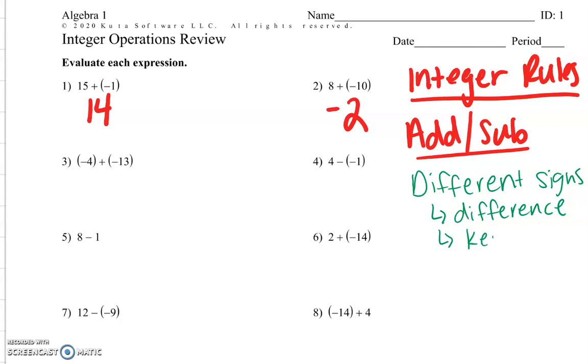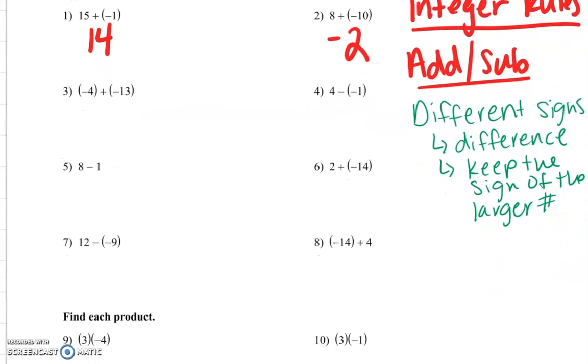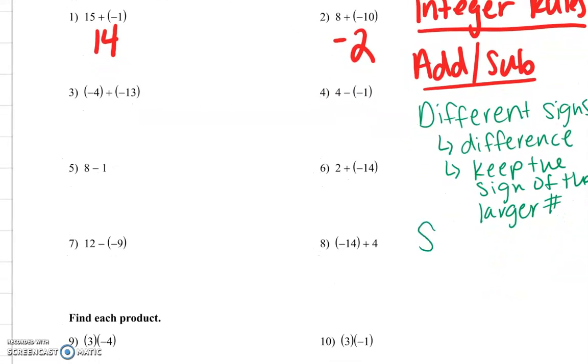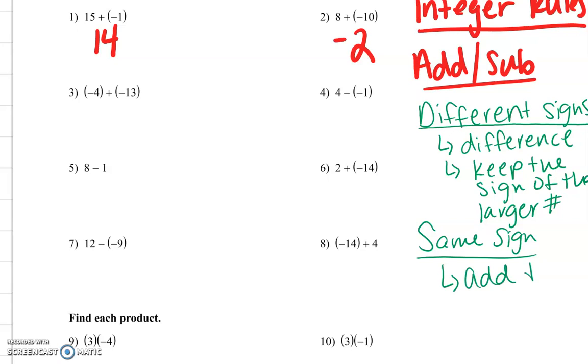And you keep the sign of the larger. If they have the same sign, I'm going to add the numbers. It's a good rule of thumb.